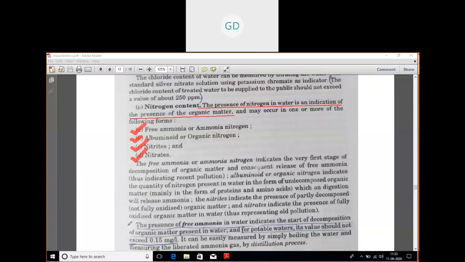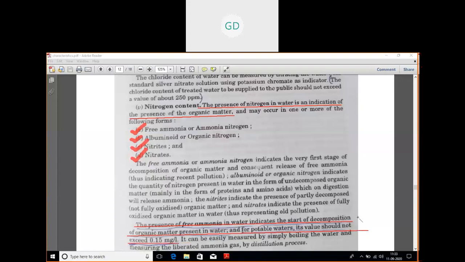First one, free ammonia. The presence of free ammonia in water indicates the start of decomposition of organic matter. That means if there is ammonia in water, it indicates the start of decomposition of organic matter present in water. For potable waters, the permissible limit for free ammonia should not exceed 0.15 milligram per liter.